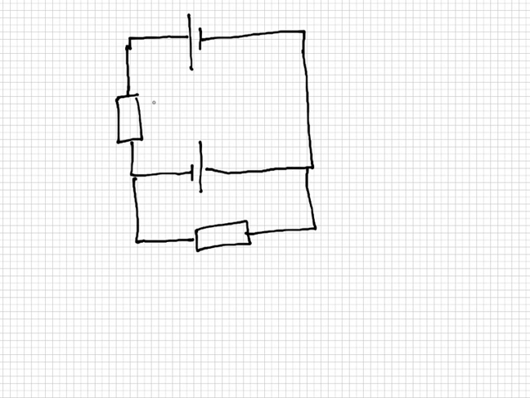And this here is 4 ohms, and this here is 2 ohms, and this here is 10 volts, and this one here is 14 volts. And the question is, we cannot simplify, what do we ask for? Oh yeah, find the currents. Find the current again.